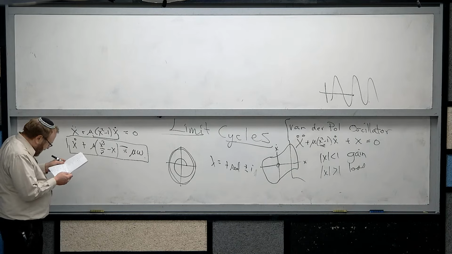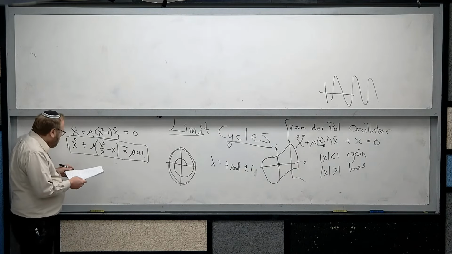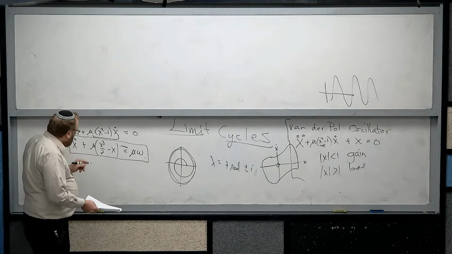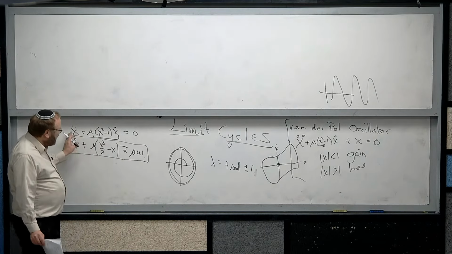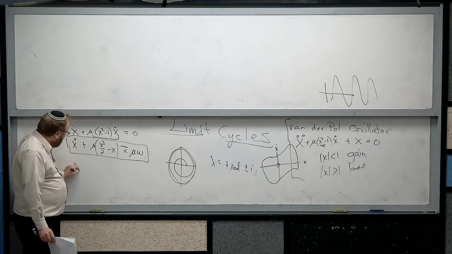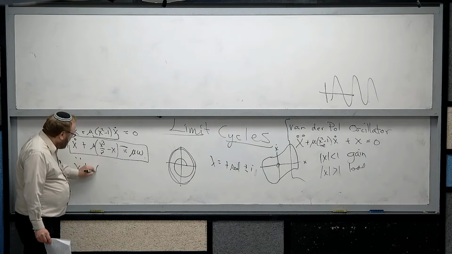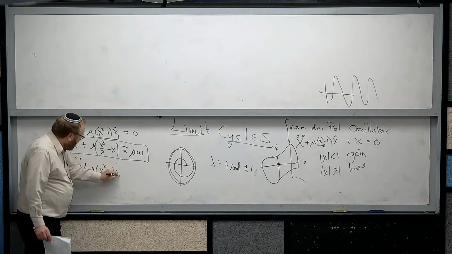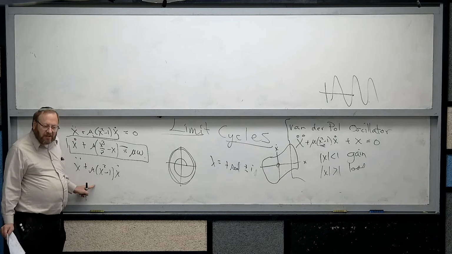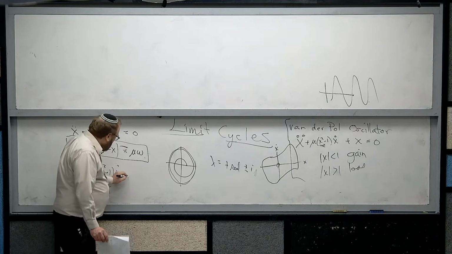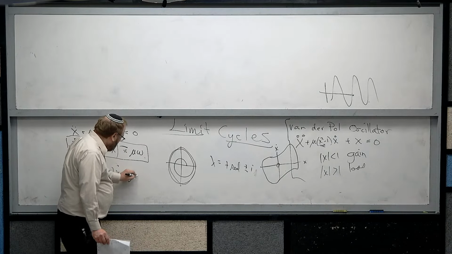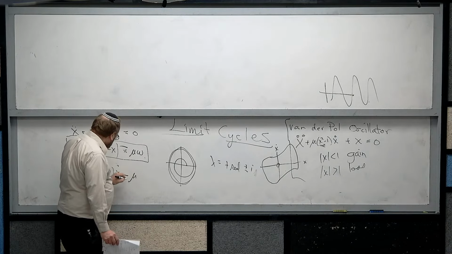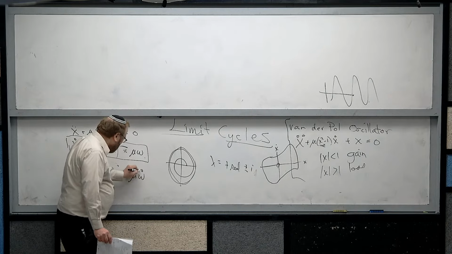Given that, now let's look at the time derivative of this thing. The time derivative is x double dot plus mu times (x squared minus 1) x dot, because that's how we got this. And now, minus mu, equals mu omega dot.